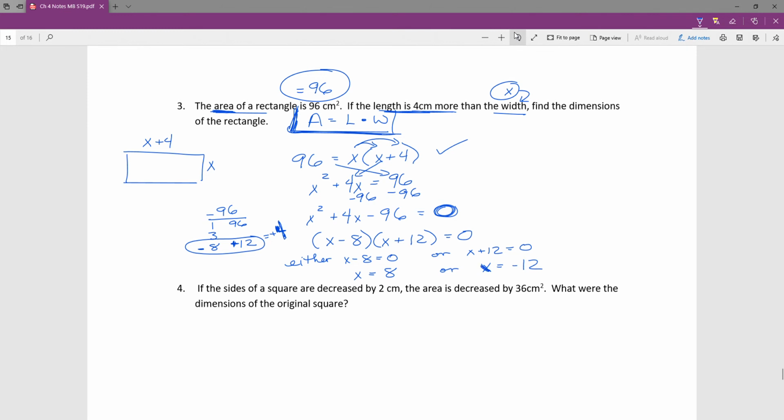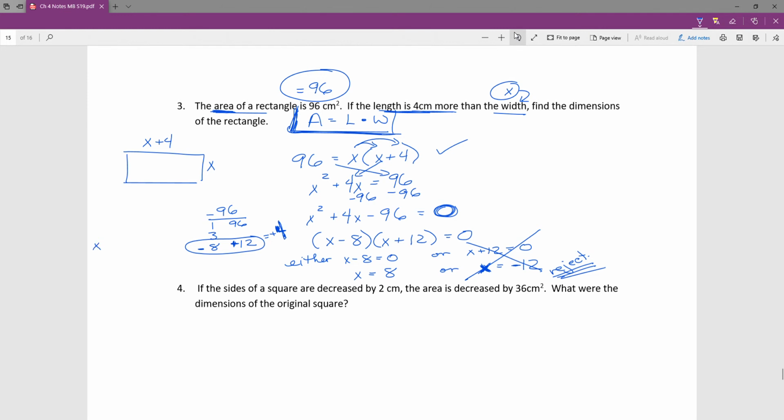In carpentry, in geometry, we don't really have negative measurements. And so again, in this one, we're going to reject this negative because it doesn't make sense in terms of our context here. And so now that I have my x equaling 8, I could do the other part of it.